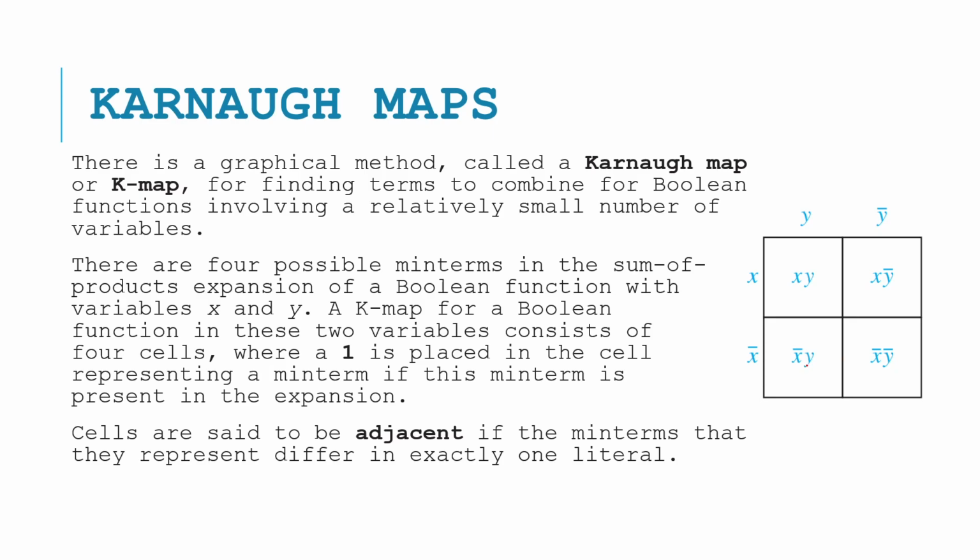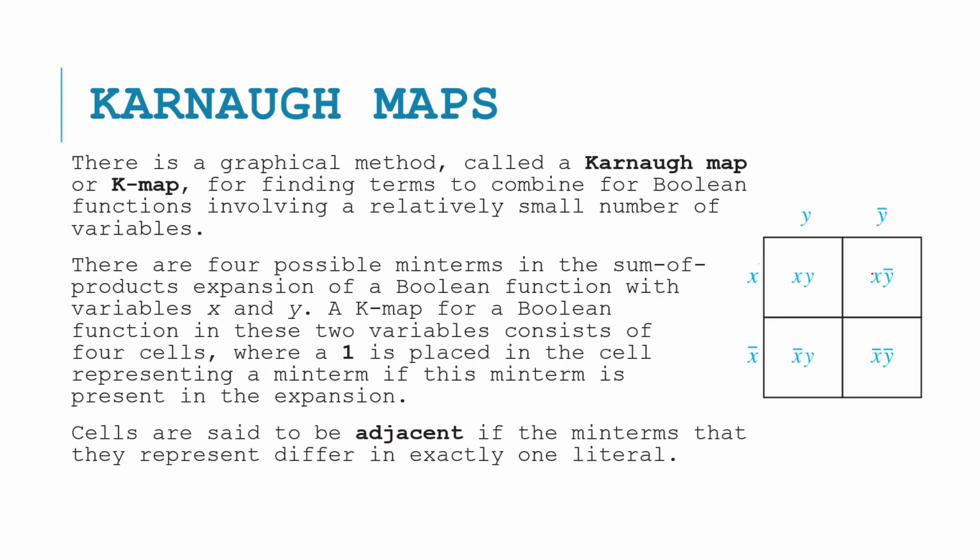A K-map for a Boolean function in these 2 variables consists of 4 cells: x and x complement for the rows, and y and y complement for the columns. Each intersection of a row and column represents one min term. For the upper left, we have xy.